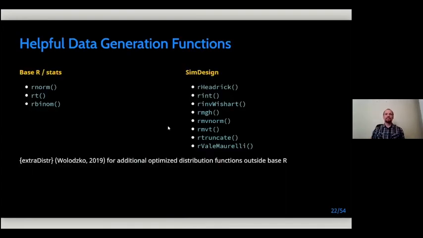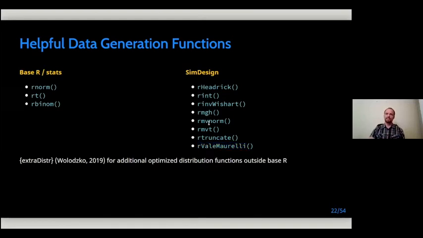A bit of a side note, there are a lot of helpful data generating functions out there. Base R and the stats package have things like the normal distribution, the T distribution, or the binomial distribution. SimDesign also comes packed with a lot of other handy distributions you can sample from, like the Headrick and Valle-Morelli, which use something called the moment matching technique, where you can specify the first four or five, I can't remember, moments: the mean, the variance, the skewness, and the kurtosis, to have non-normal data, or at least univariate non-normal data.